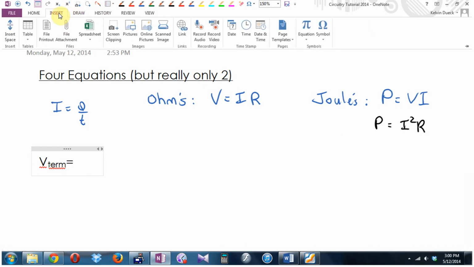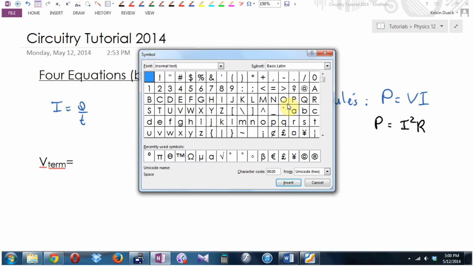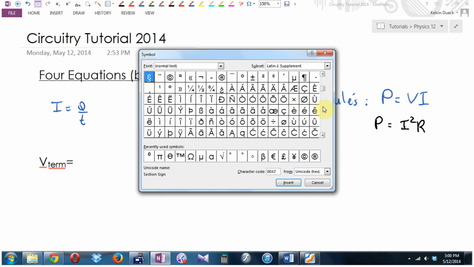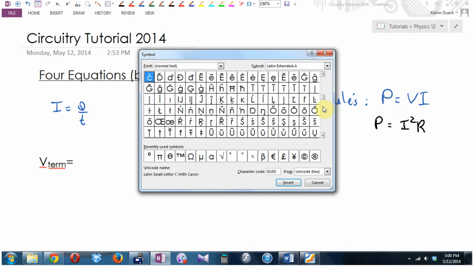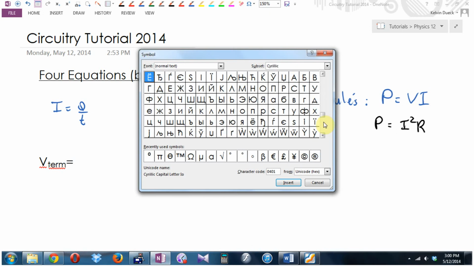Equals, can I bring a symbol in here? Symbol. More symbols. Show me the EMF symbol, Mr. Dueck. Let me know if you see that curly, funky E. Getting closer. I'm in the Greek alphabet now. Getting closer.